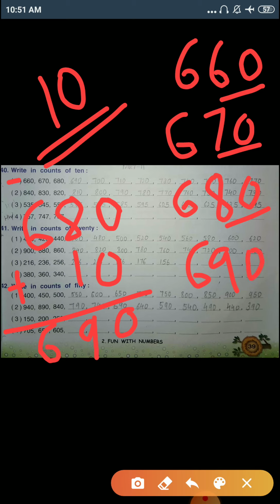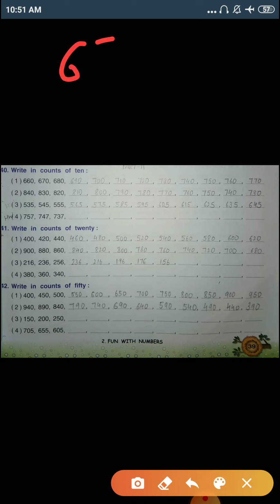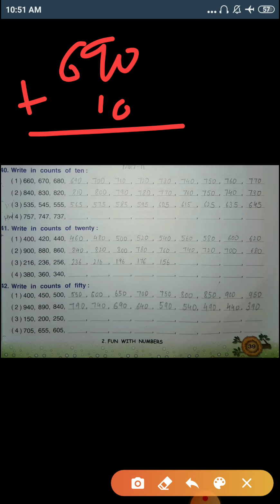Again we need to find the next number of 690, so again we add 10. 690 plus 10. 0 plus 0, 0, 9 plus 1, 10 and 6 plus 1, 7. So the next number is 700.